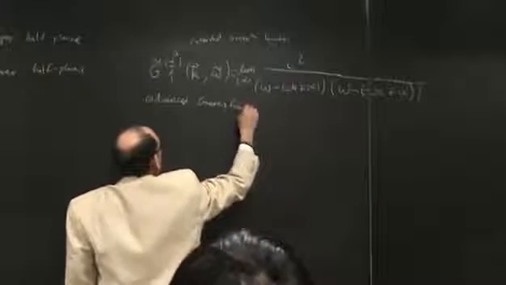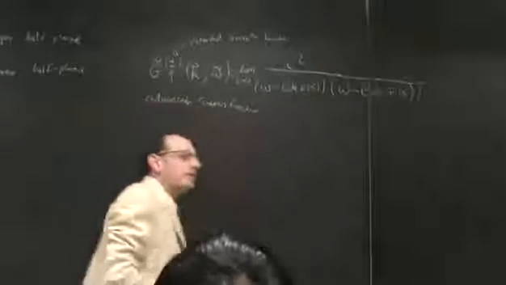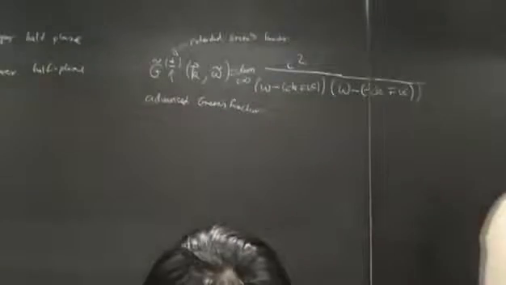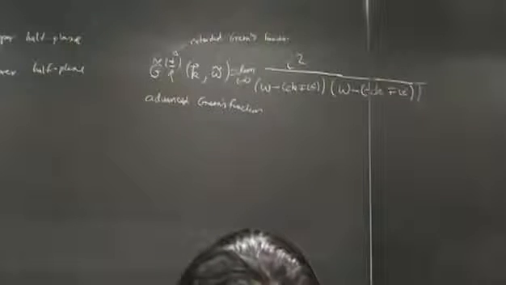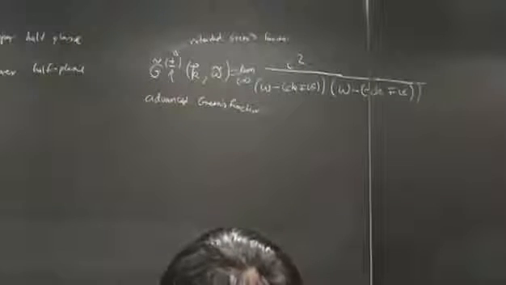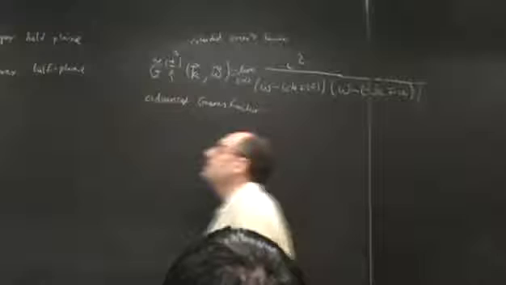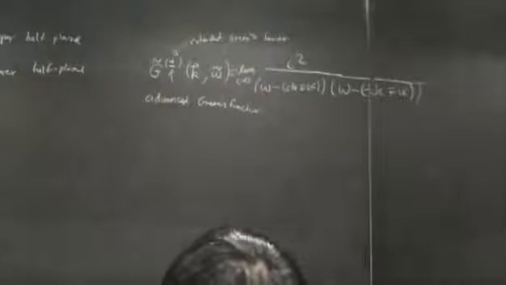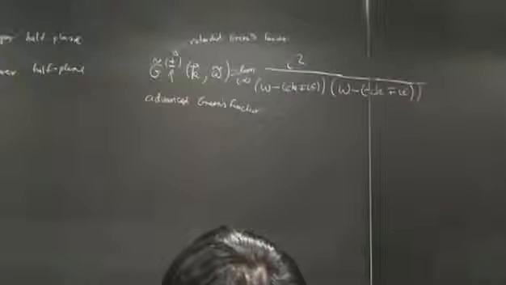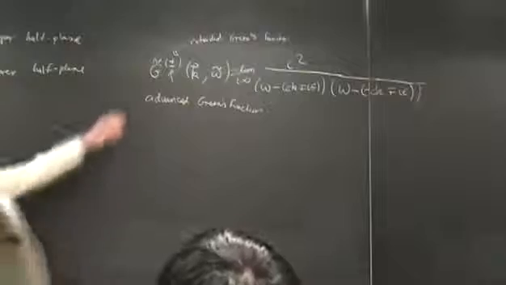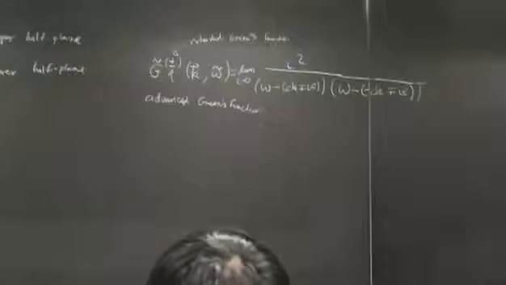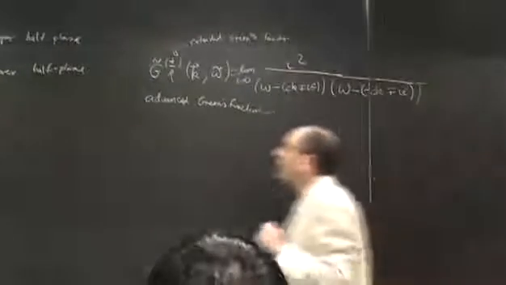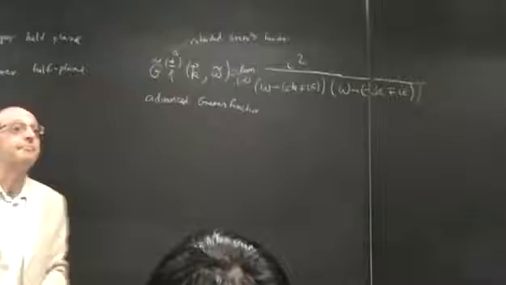Now you might say, this advanced Green's function is not physical, so why are we even bothering with it? Well, indeed, but it depends on the context. Both of these you may be familiar with, depending on what you studied in your advanced quantum mechanics course 522, appear in scattering theory.